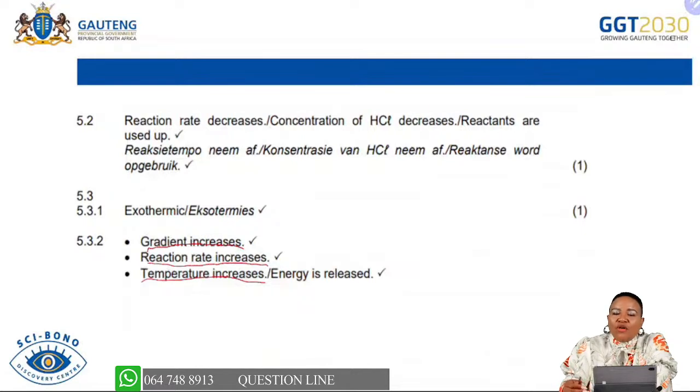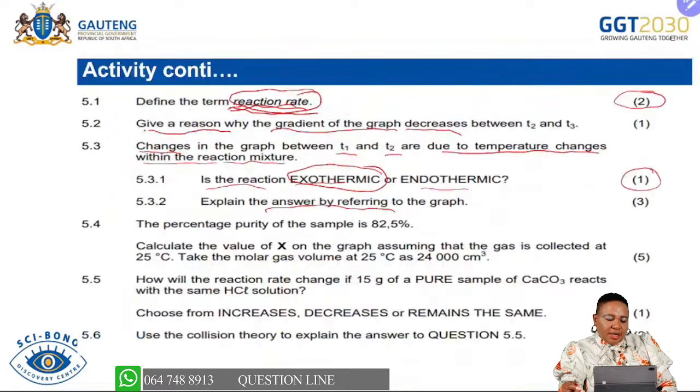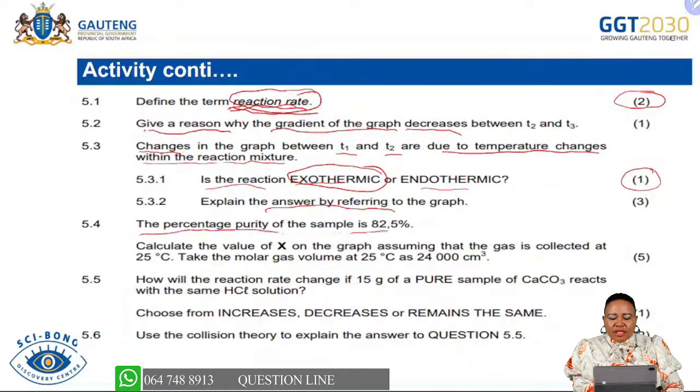Number one, you have to look at the steepness of the gradient. If the gradient is steeper or has increased, then it shows that the reaction rate is higher. And also, the steepness of the gradient shows that the rate of reaction increases because of the increase in temperature.